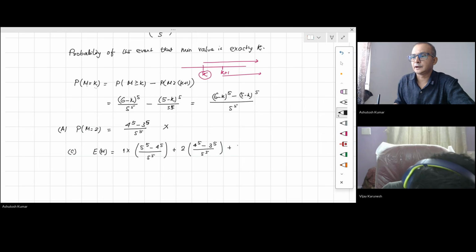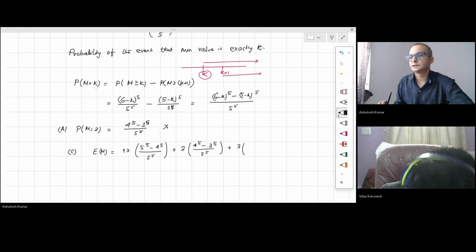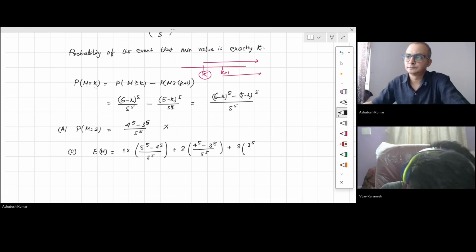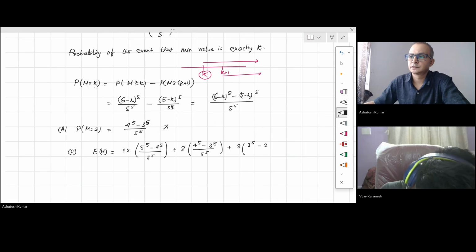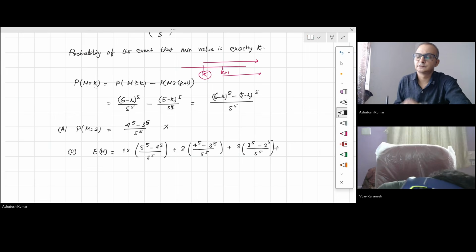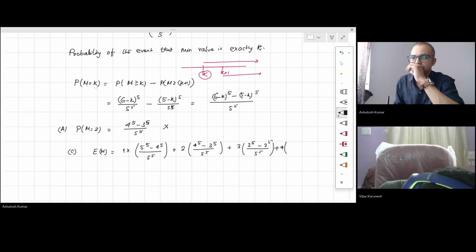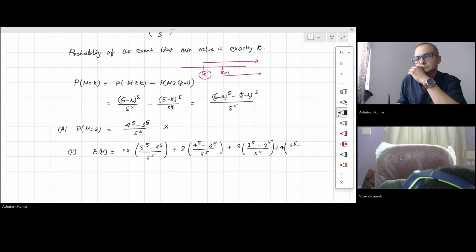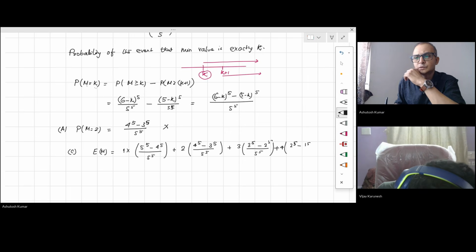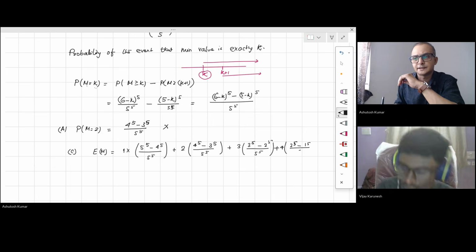Then 3 into 3 to the power 5 minus 2 to the power 5 by 5 to the power 5. 4 into 2 to the power 5 minus 1 to the power 5 by 5 to the power 5.